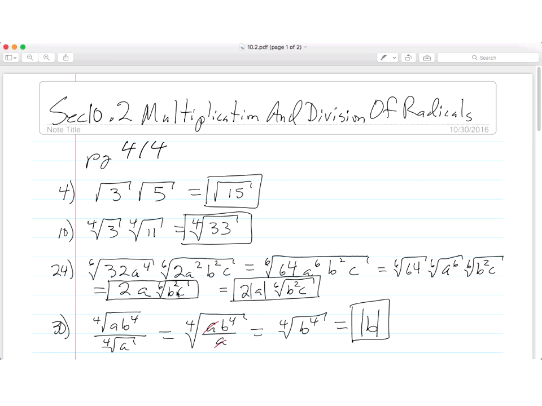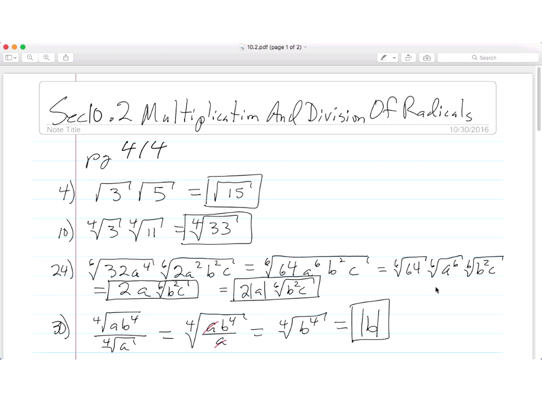Now, I sort of lied. The 6th root of a to the 6 is not actually a. It's actually equal to the absolute value of a. If you have an even index, then the nth root of a to the n, when n is even, is really equal to the absolute value of a.